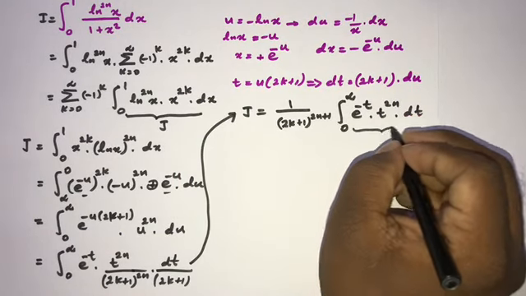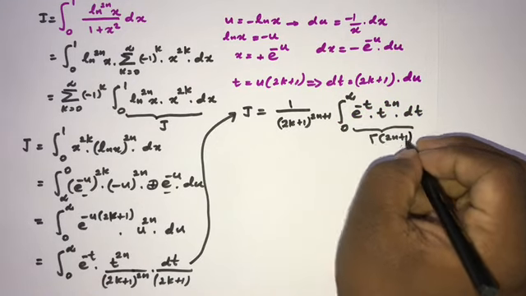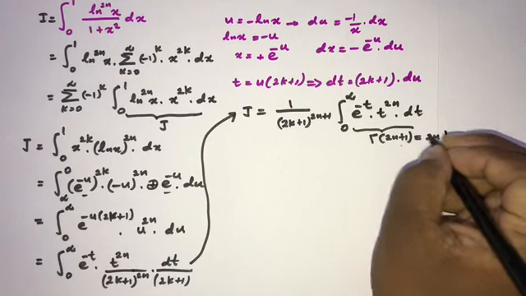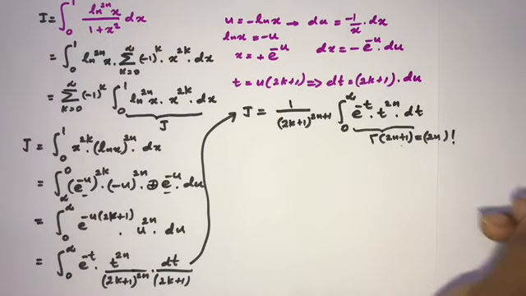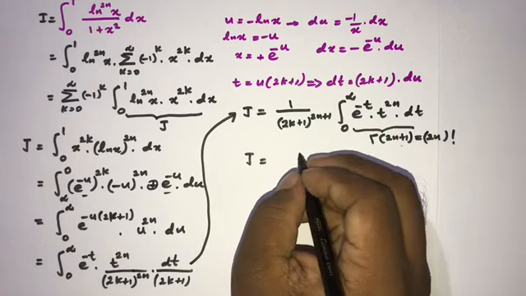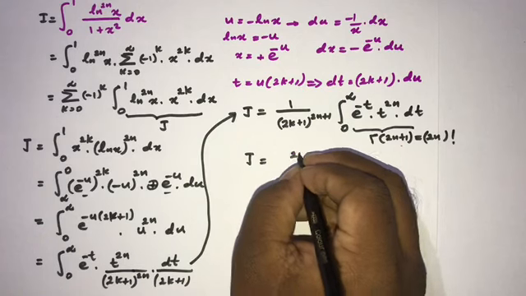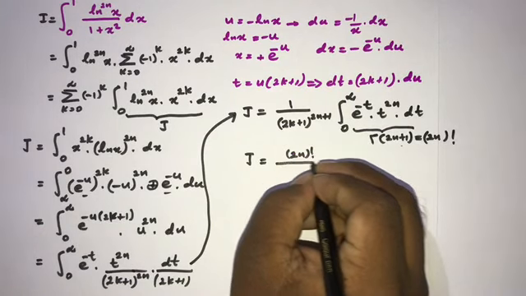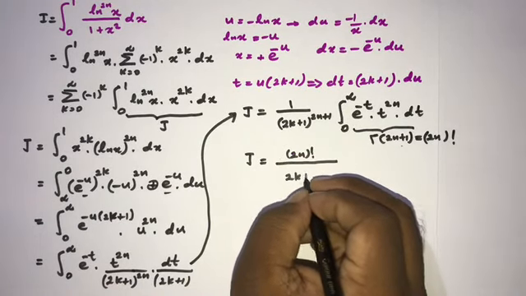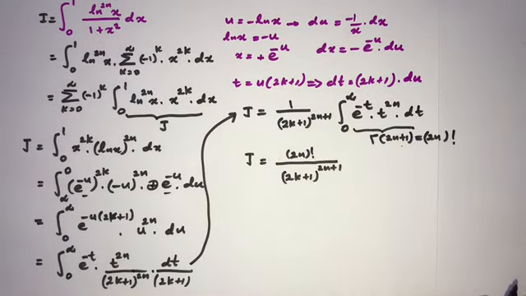Now we know this integral is equal to gamma of 2n plus 1, and this is equal to 2n factorial. So we can write J is equal to 2n factorial over 2k plus 1 raised to the 2n plus 1.